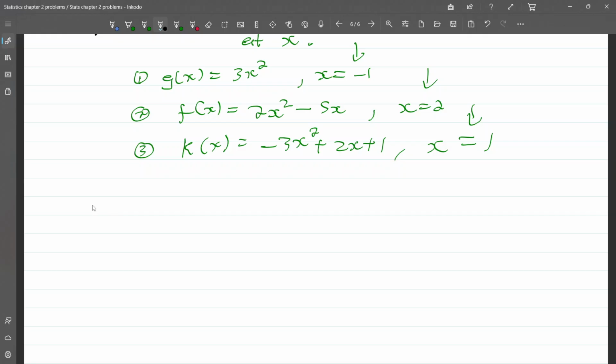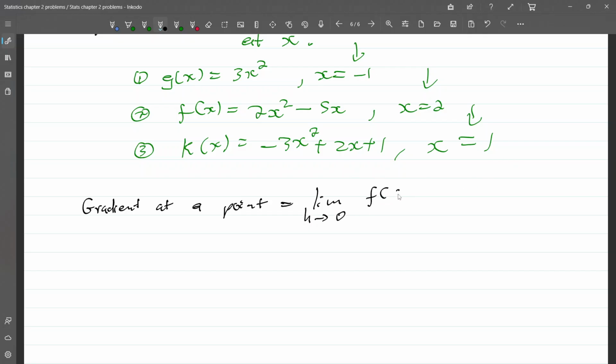So remember, the gradient at a point is equal to the limit when h goes to 0 of f of a plus h minus f of a over h.